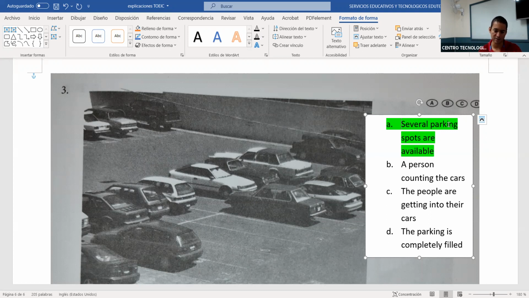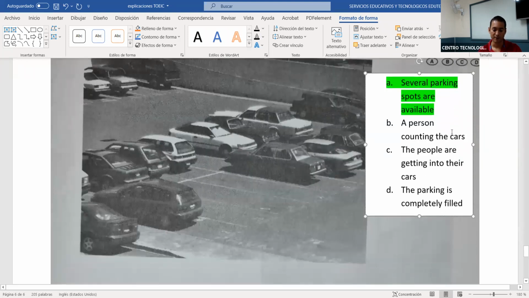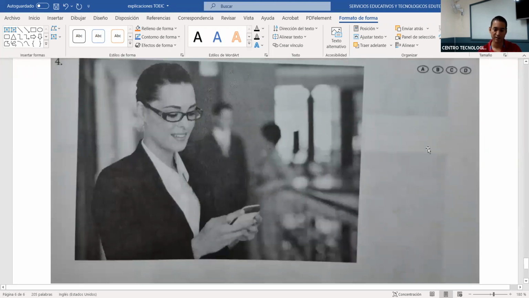In this section in TOEIC, you will have 6 pictures. So you need to practice and make sure that you are not going to miss those 6 points.